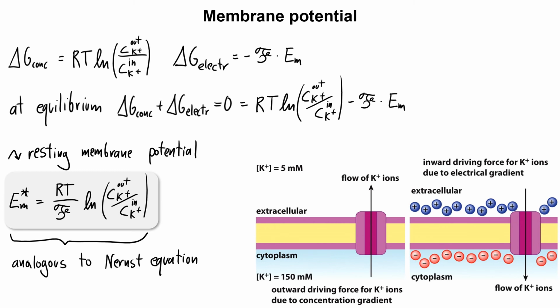When you take now the concentrations of 150 millimole of potassium inside and 5 millimole outside, what you get with this equation is a resting potential of negative 87 millivolts, which is a typical potential across a lipid bilayer membrane in a cell. And you do understand now where that potential comes from.